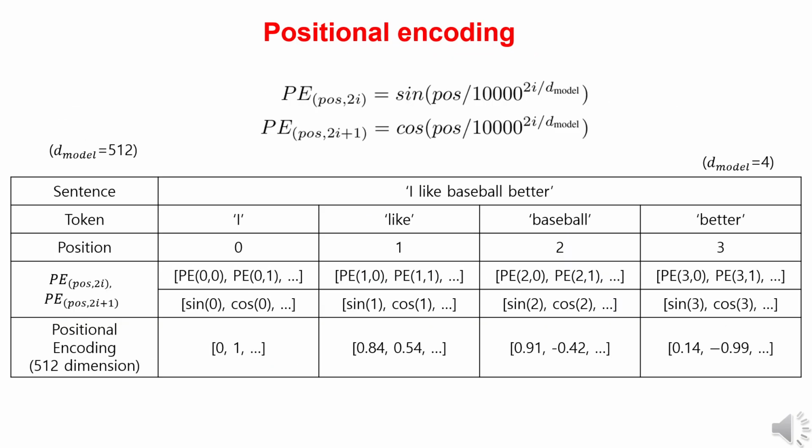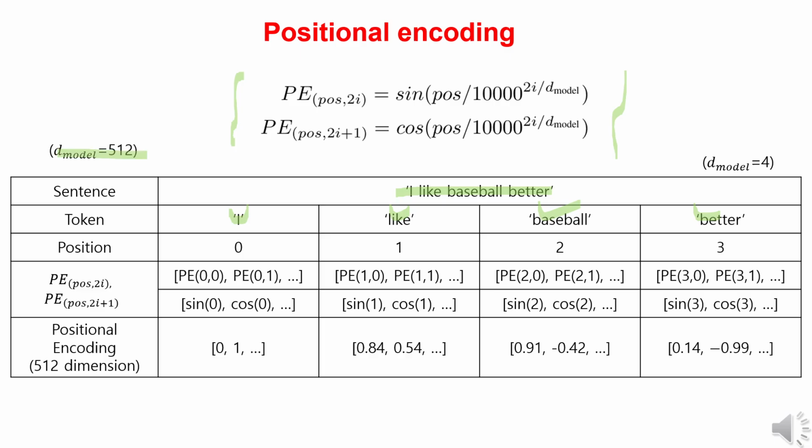Now, let's look at a simple example of how positional encoding is actually applied. The example sentence is, "I like baseball better." After tokenization, it is split into 4 tokens: "I," "like," "baseball," and "better." In the transformer paper, the positional encoding for each token is defined as a 512-dimensional vector.